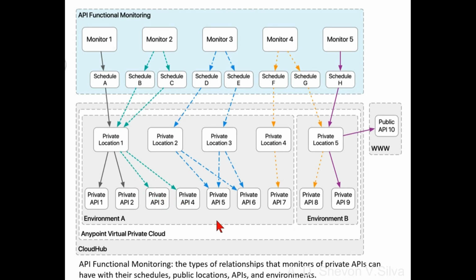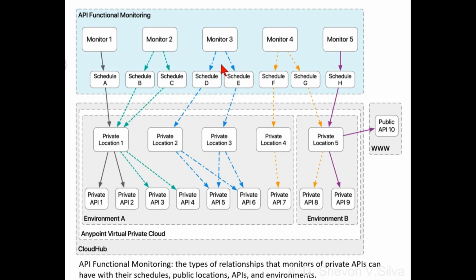Monitor 3's relationship is indicated with the dash and dotted light blue arrows. Multiple schedules, multiple locations, single environment. Monitor 3 runs on two separate schedules, schedule D and schedule E, and each is associated with different private locations, private location 2 and private location 3.